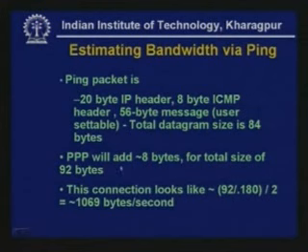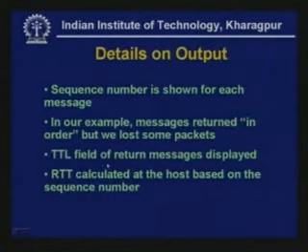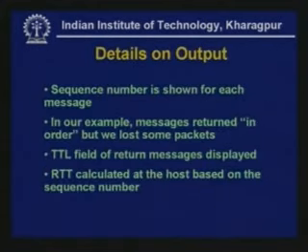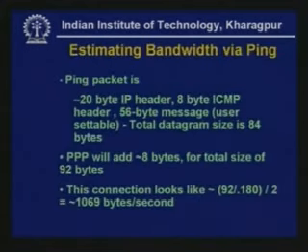Now suppose it was sent through a PPP, which will add about 8 bytes for a total size of 92 bytes. So this connection looks like 92 divided by 0.180 by 2, that is about 1069 bytes per second. What is this 0.180? This is maybe the time.